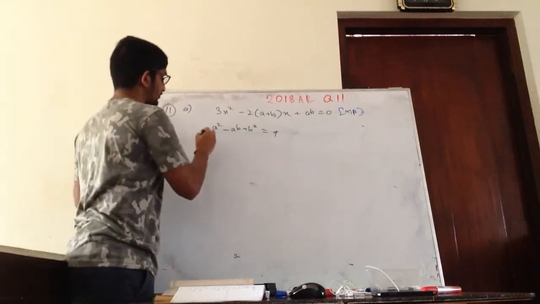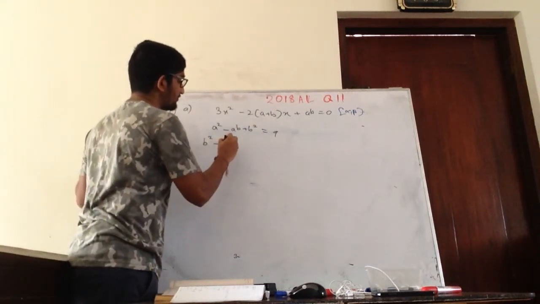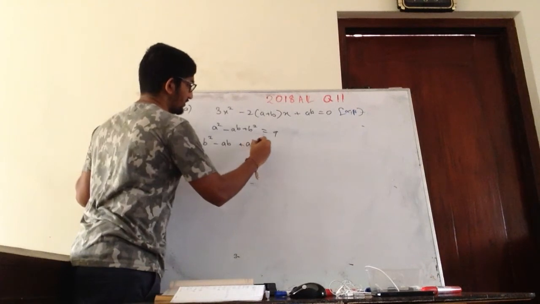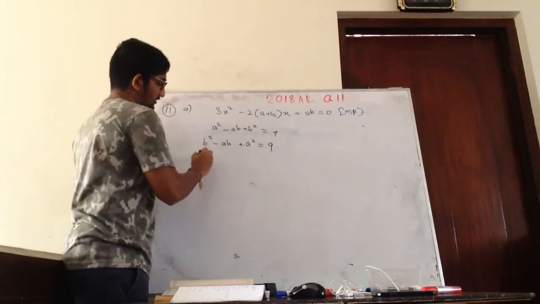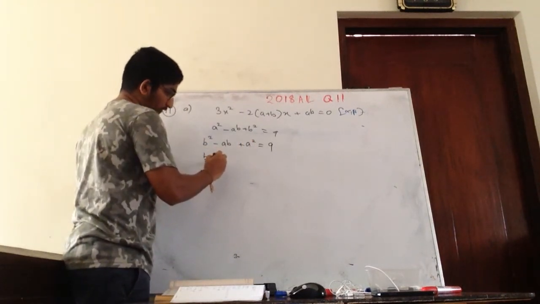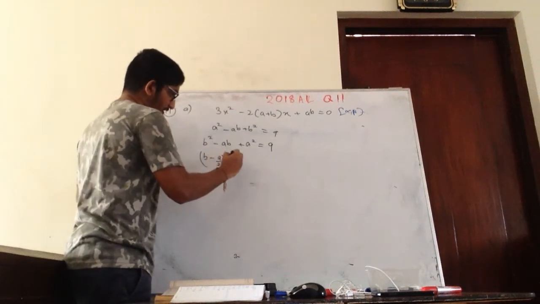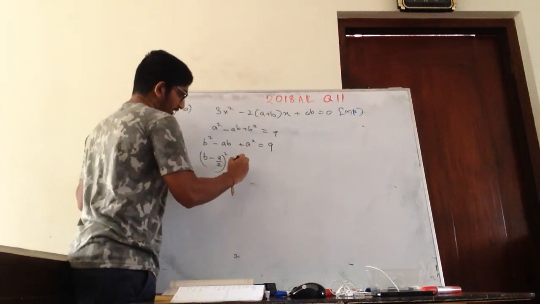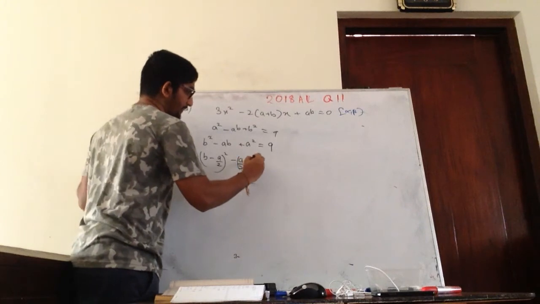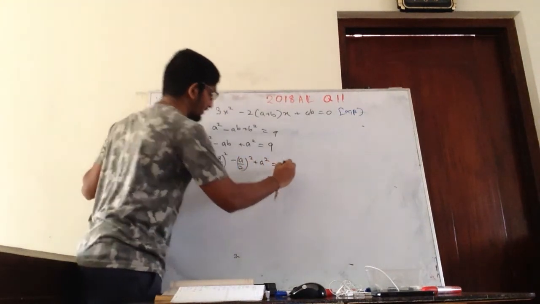So now here I'm going to rewrite this as b squared minus ab plus a squared equals 9. So this is going to be b minus a over 2 squared minus a over 2 squared plus a squared plus 9.